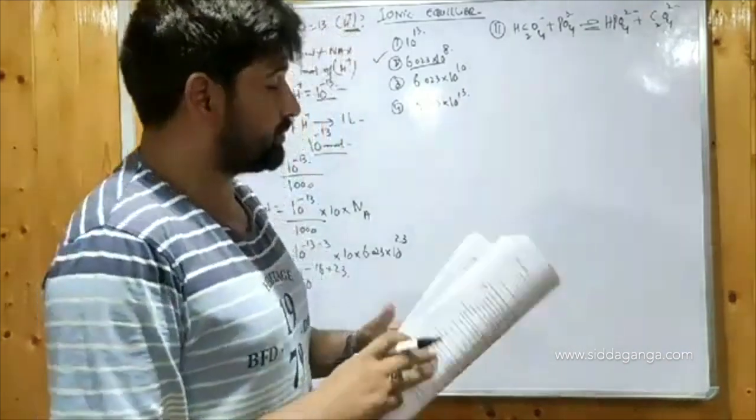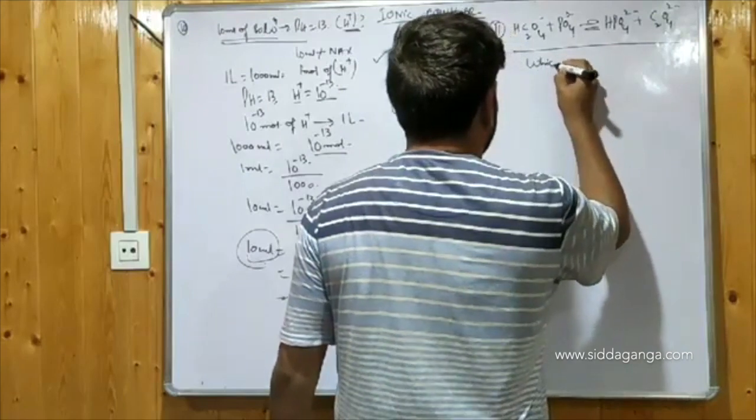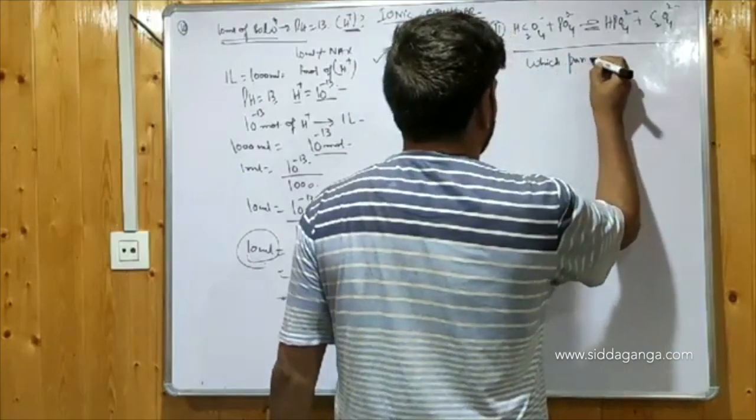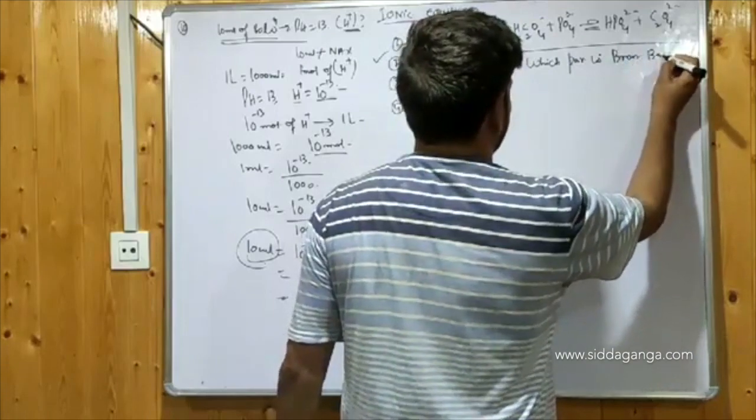Which pair can act as Bronsted bases? So out of this, which pair is Bronsted base?